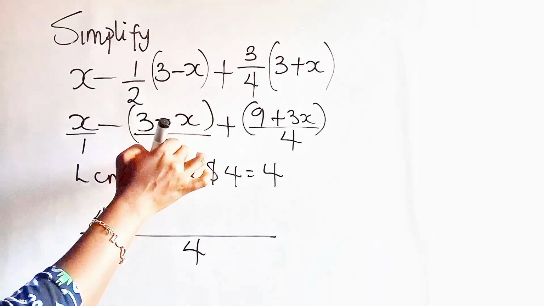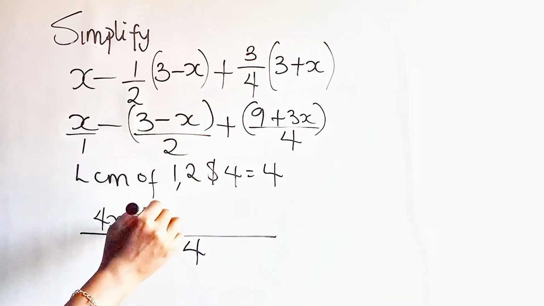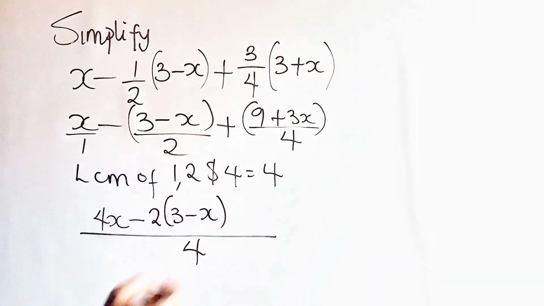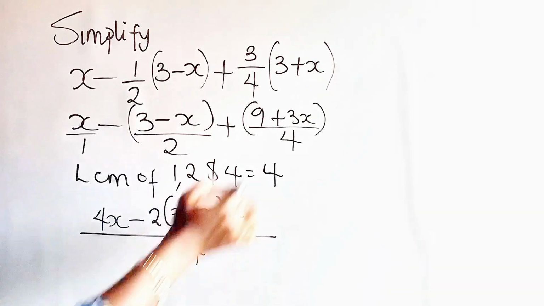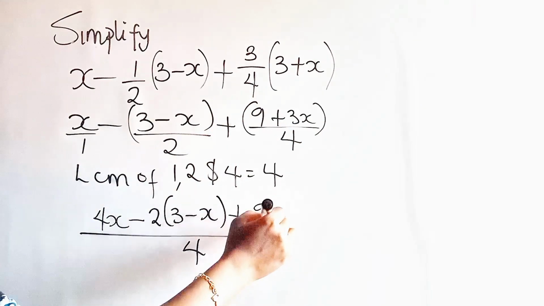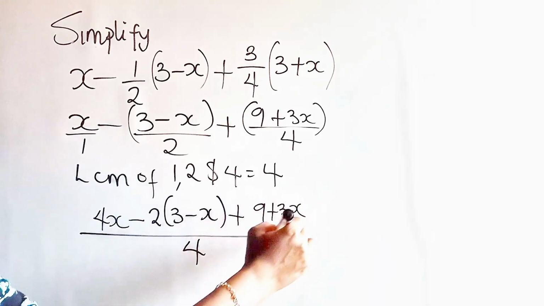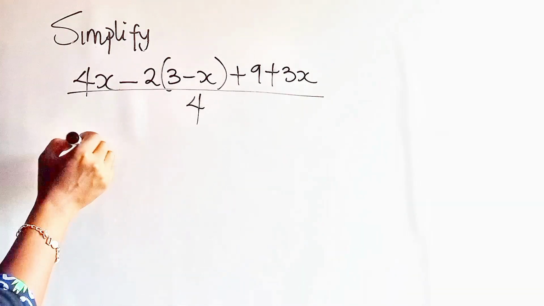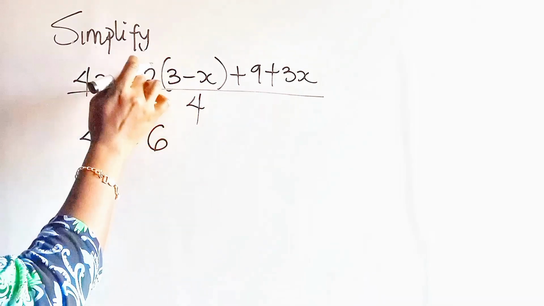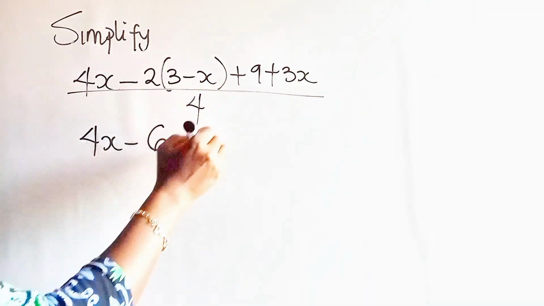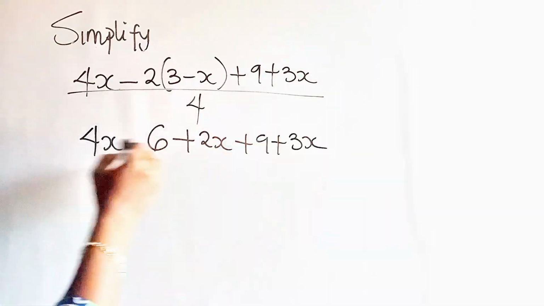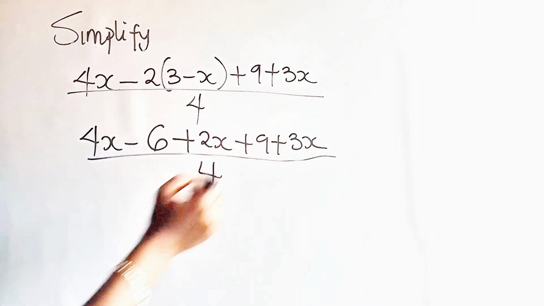Minus 4 divided by 2, I'll have 2. So I'll be using this 2 to multiply the terms in this bracket. Then over here is plus. 4 divided by 4 is 1. And 1 times 9 plus 3x, I'll have 9 plus 3x. Our expression will now give us 4x minus 2 times 3 will give 6. Minus 2 times minus x will give plus 2x plus 9 plus 3x all over 4.